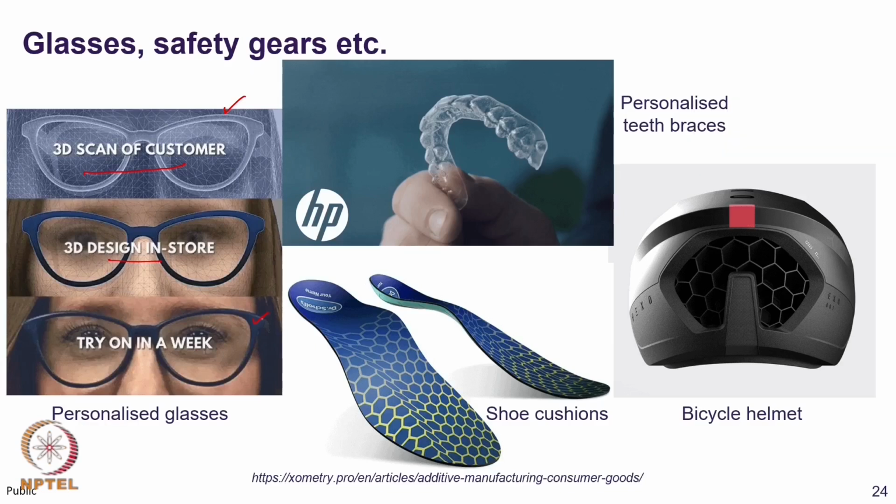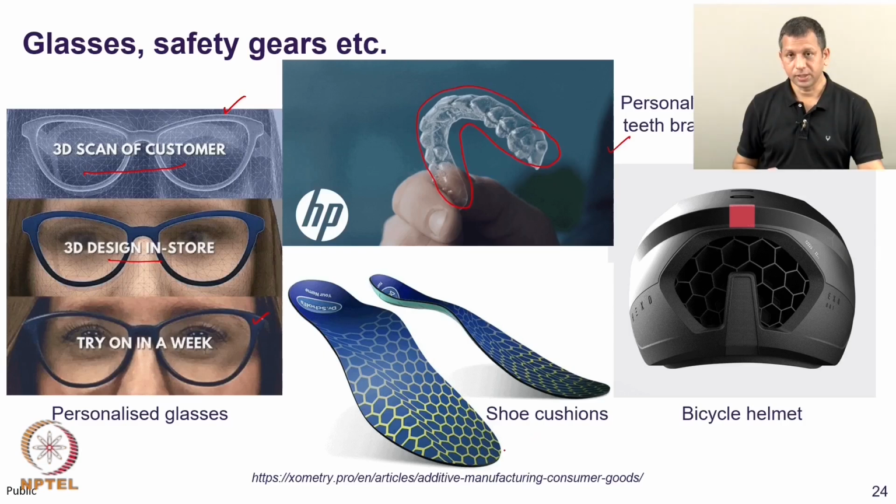Similar is the case with teeth braces. Transparent or otherwise teeth braces can be printed. Shoe cushions can also be made using additive manufacturing. In this particular case, depending upon the load that is taken by the shoe cushion or the functionality of these cushions in various parts, different materials and the structure and process parameters can be used, so that the functionality is maintained.